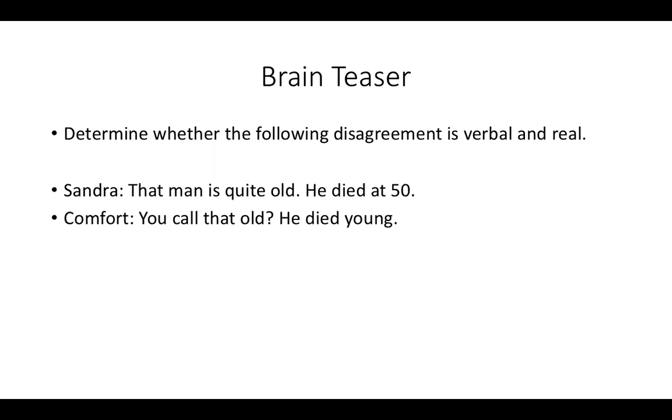So old age is a value, but at what year do we say someone is old? I think after 60 years, because 60 years is when people retire. That means that you will be taking Comfort's position that here the man died young. Probably, sir.